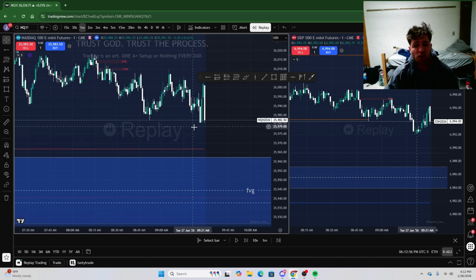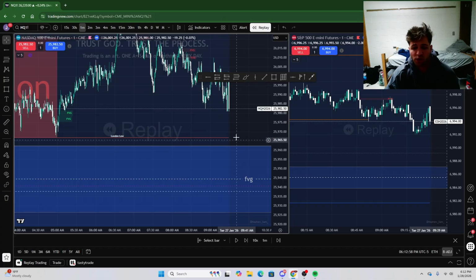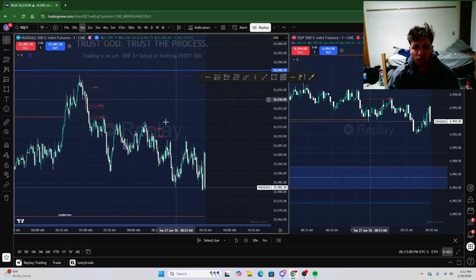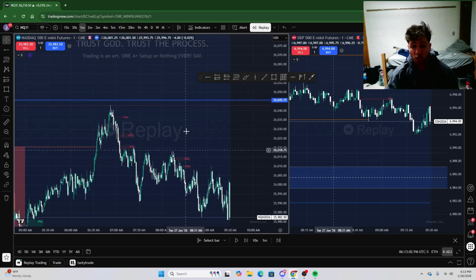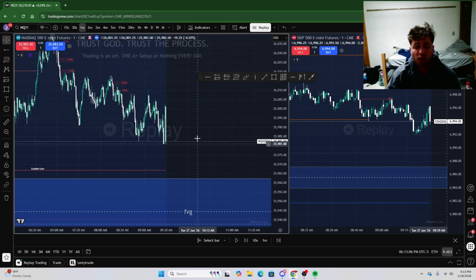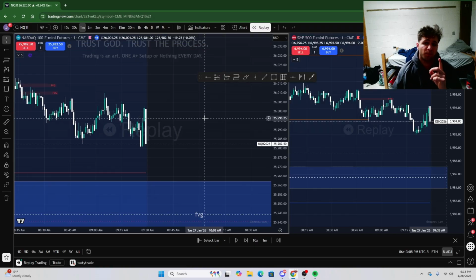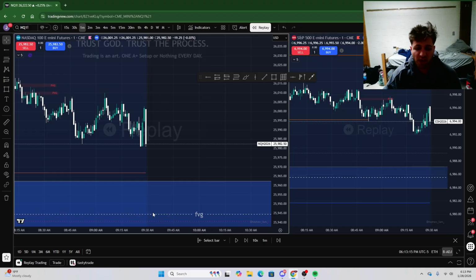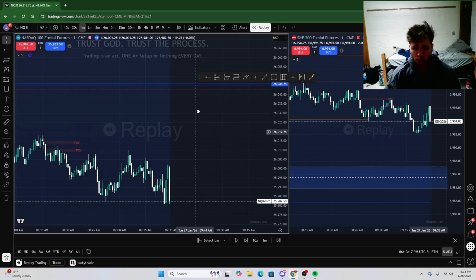So if we sell off at open, I want to get a reversal out of these gaps off London so we could target these highs. If we pump at open, I want to see a sweep of these highs and then a reaction off of that. Or if we keep on pumping, this is the big thing, I usually am marking these out for reversal points. These key levels are reversal points. I want to see a reversal off the gap, or I want to see a reversal off the highs.